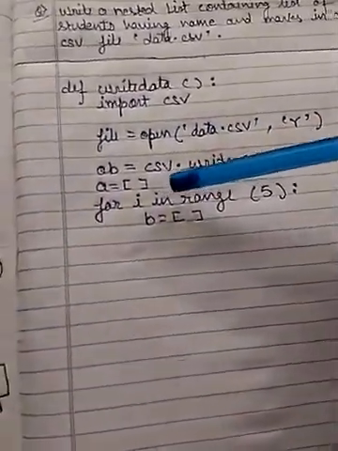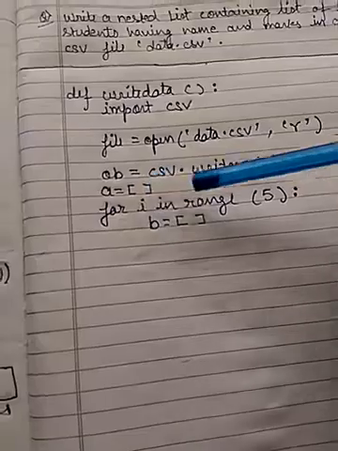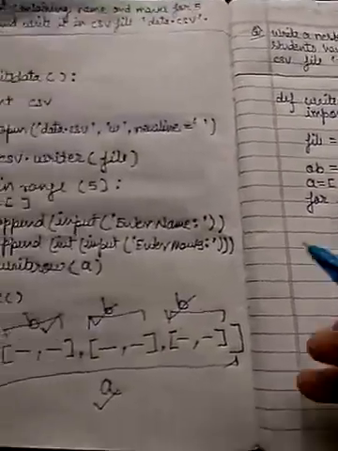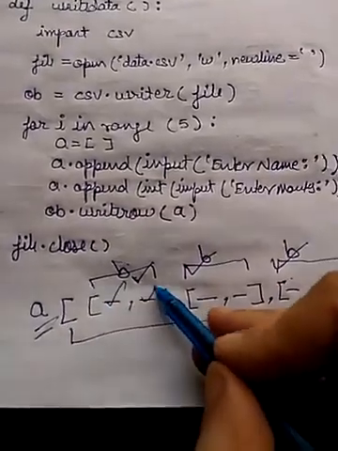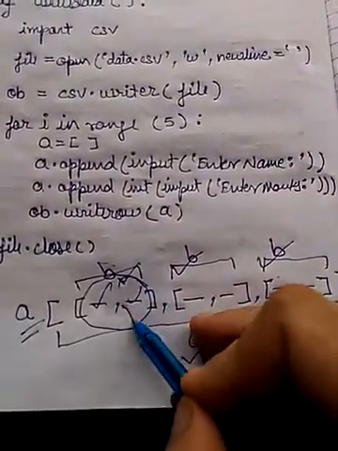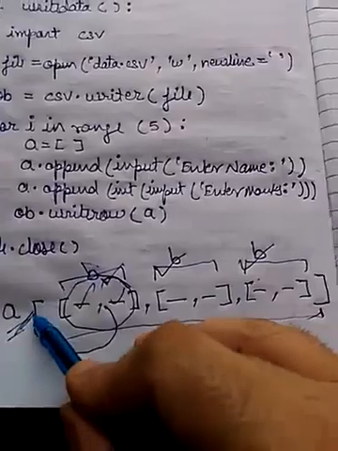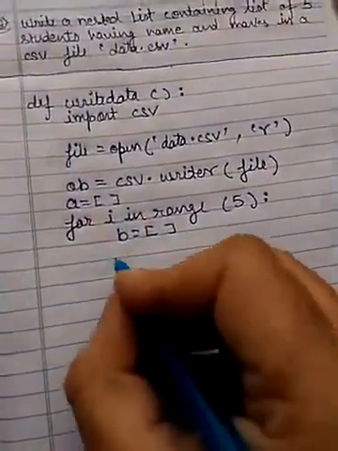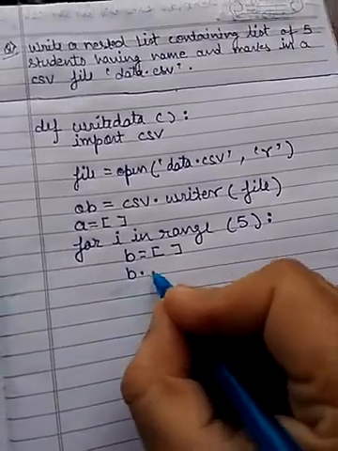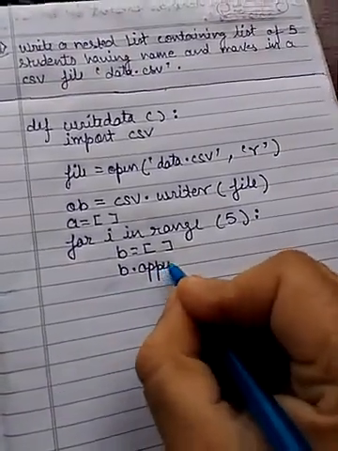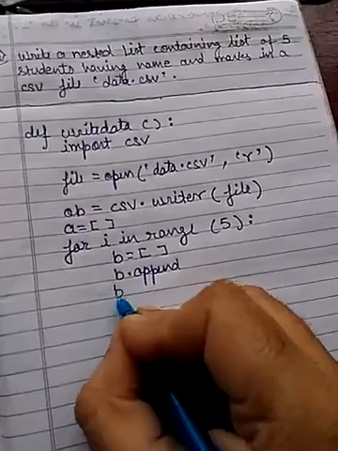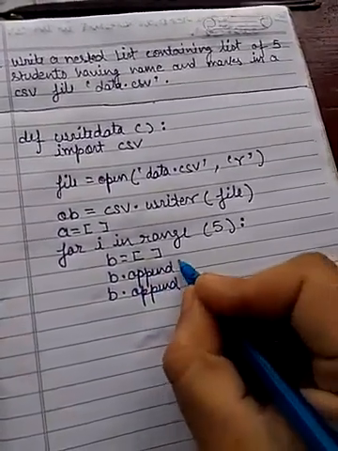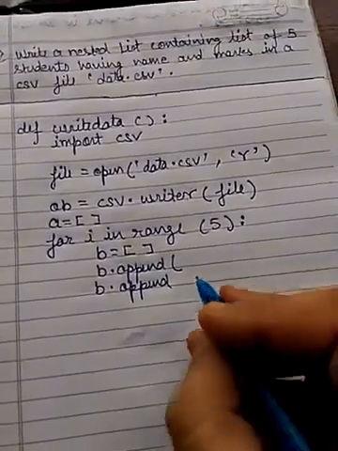Now we have to first create the inner list. Means first we have to create this name and marks. After that we will append it to A. So first we are reading the details in B. So I am writing here B.append, you have to append two things, name and marks.